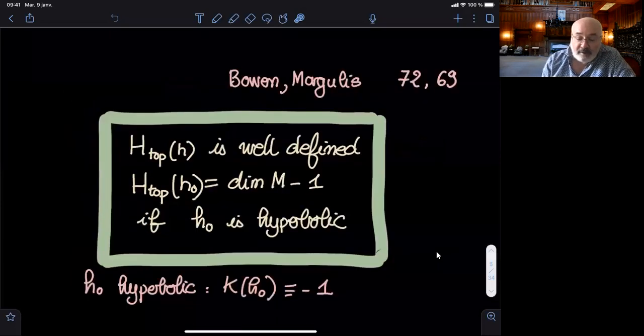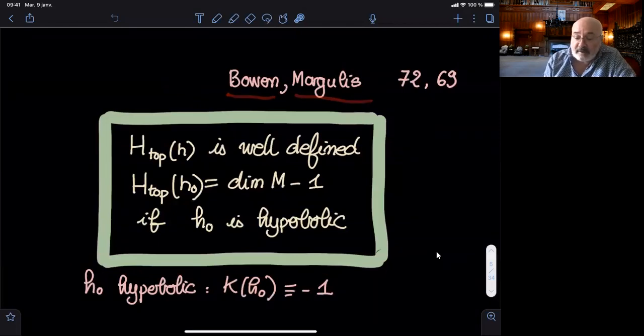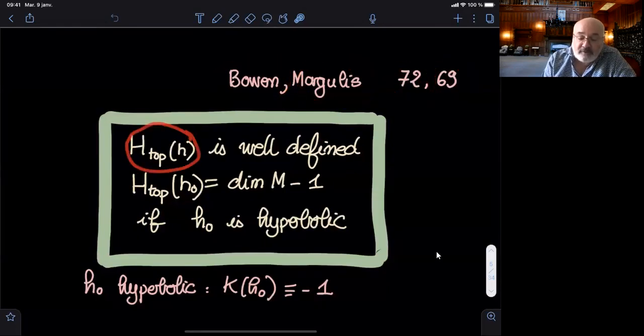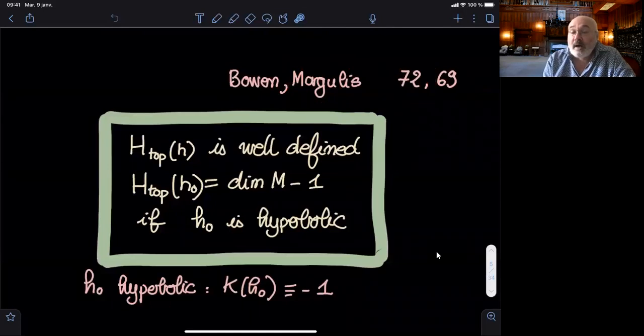So one of the celebrated results in the subject, which is due independently to Bowen and Margulis, in 1969 for Margulis and 72 for Bowen, is that the topological entropy is well defined, by which I mean the limit I explained before is actually a limit, okay?